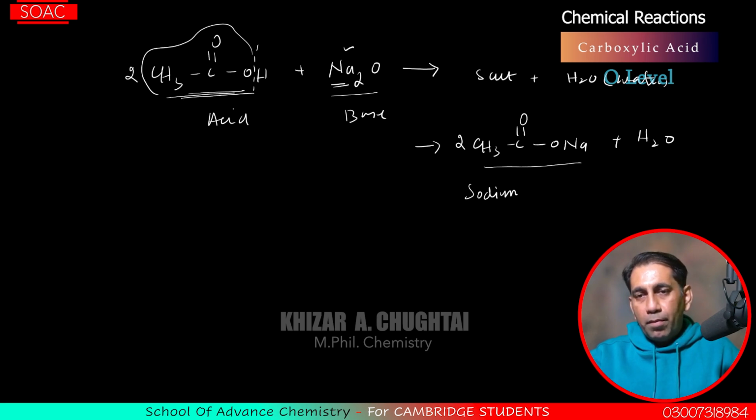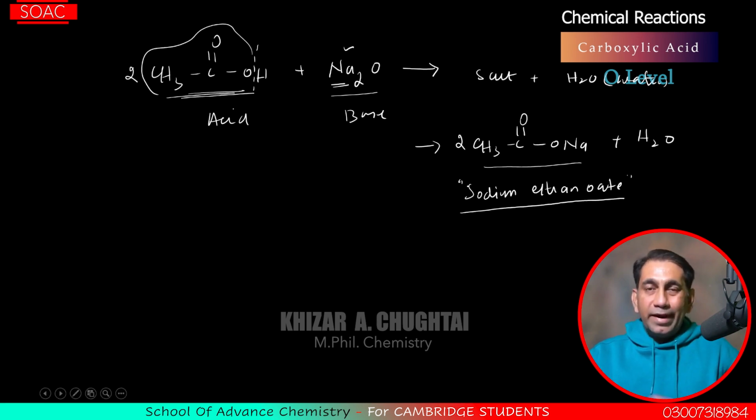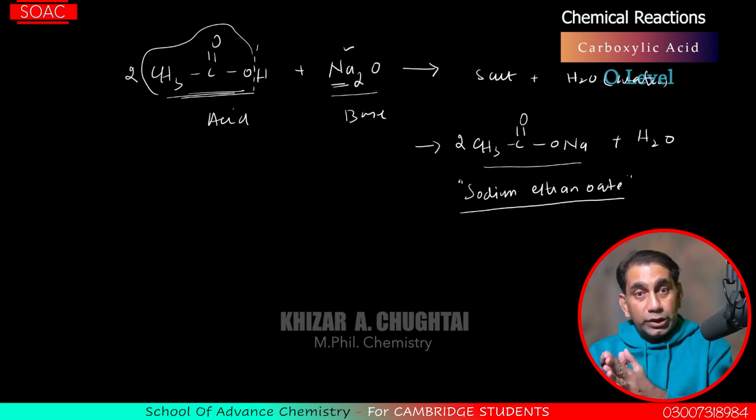Sodium, E for 2 carbons, N for single bond, OATE is the ending name of an ester. As I told you, the name of a salt is written like the name of an ester. So when this carboxylic acid is allowed to react with a base, with an alkali, they make salt and water. When acid is allowed to react with a metal, it makes salt and hydrogen gas.